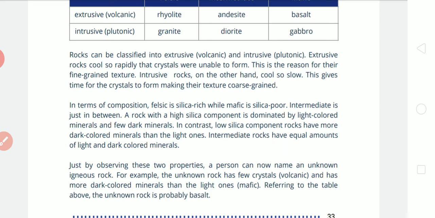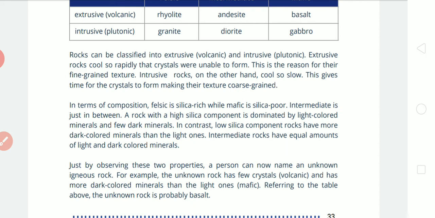This is the reason for their fine-grained texture, because extrusive igneous rock cools fast. On the other hand, intrusive rock cools so slowly. It takes a long time to cool down and this gives time for the crystals to form, making the texture coarse-grained. So its crystal size is bigger compared to extrusive rock.